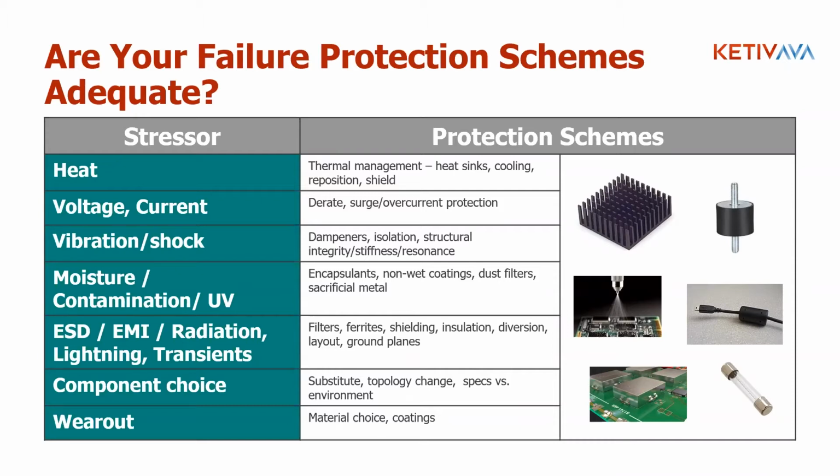For voltage, you might derate parts so that they'll withstand more voltage over time, or use surge or current overprotection circuitry. So listed here on this slide are just a number of different methods of protecting against these different stressors that shorten electronic product lifetime.